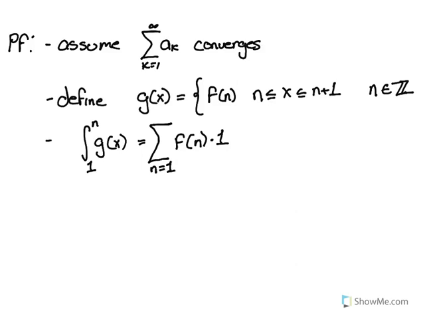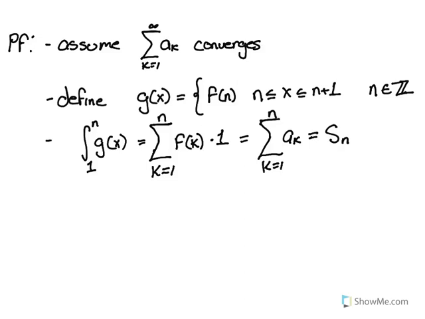I should use a different variable here. F of k. And this is just equal to the series of a_k up to n. And this last thing we know is just the partial sum S_n.